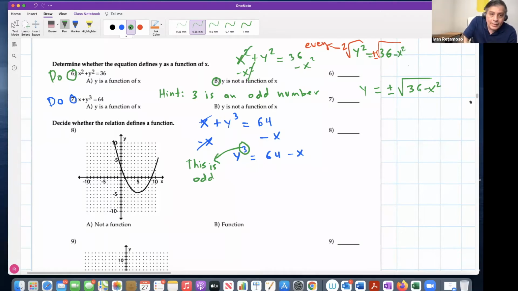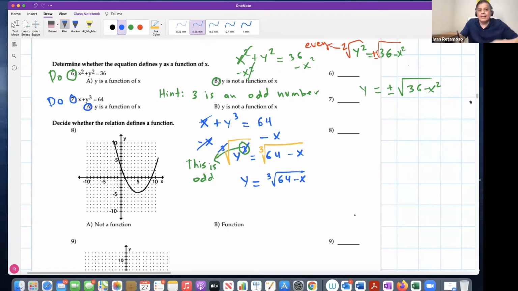So when you take the cube root, you do not have to put plus minus cube root. No plus minus. That's only for even indexes. So you simply eliminate this 3 with this 3, and y by itself equals the cube root of 64 minus x. For each x, there is a single y. Not two y's anymore. So this is a function. Y is a function of x.